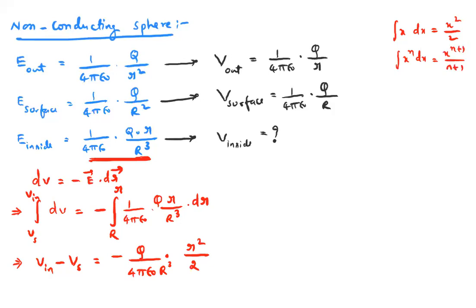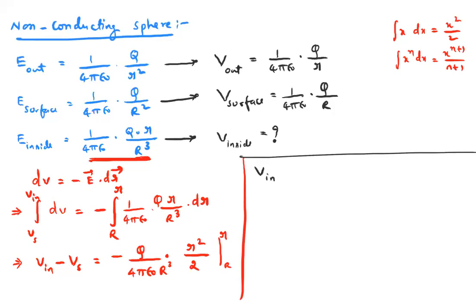Due to that, the integral of r dr is r square by 2, with limits capital R to small r. Now let's continue. Therefore, V inside is equal to minus capital Q by 4 pi epsilon naught R cube into, after substituting the limits, small r square by 2 minus capital R square by 2, plus V on surface.